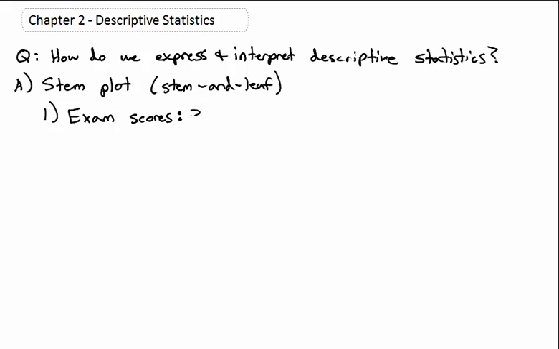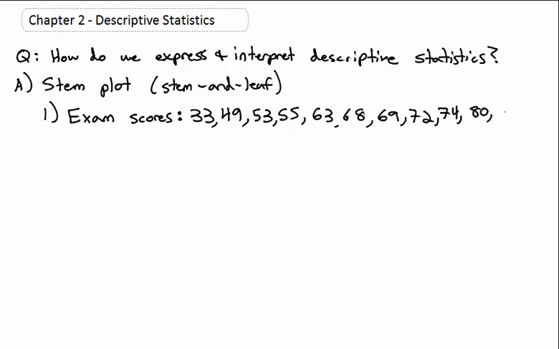And let's say the scores were 33, 49, 53, 55, 63, 68, 69, 72, 74, 80, 88, 88, 92, 94, 94, and 100.